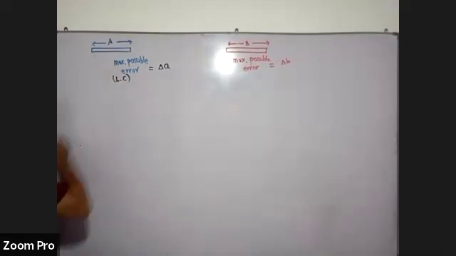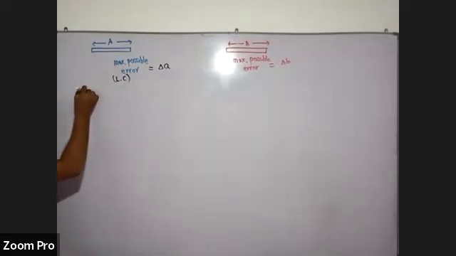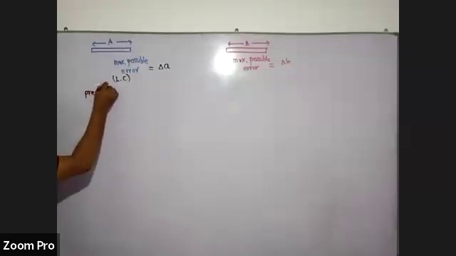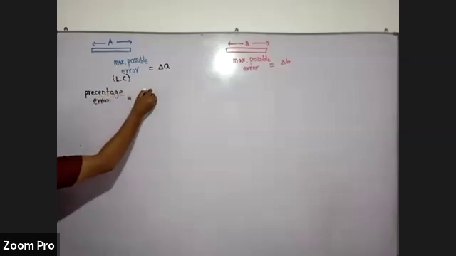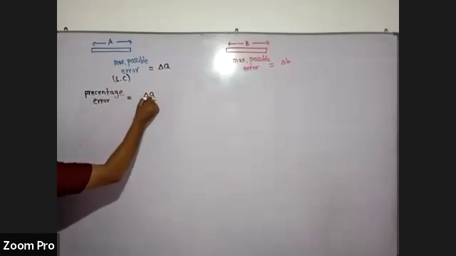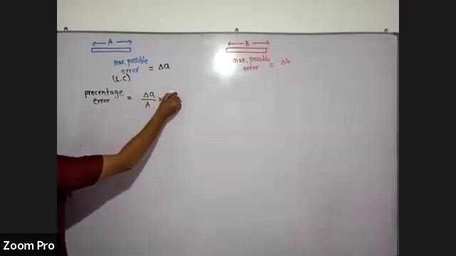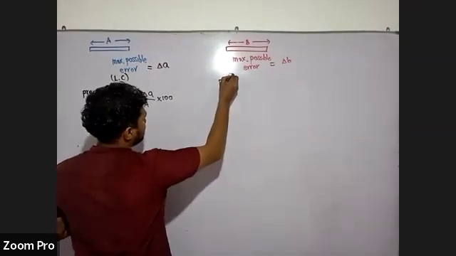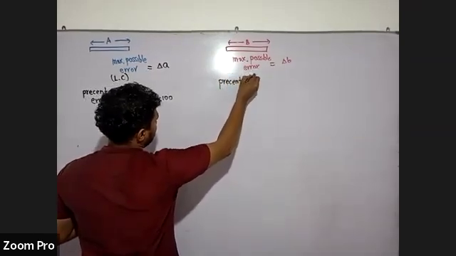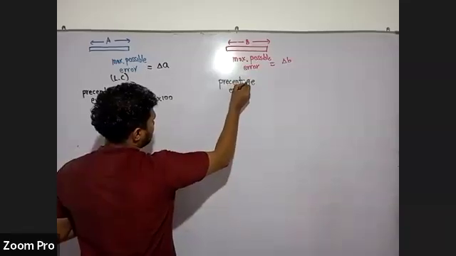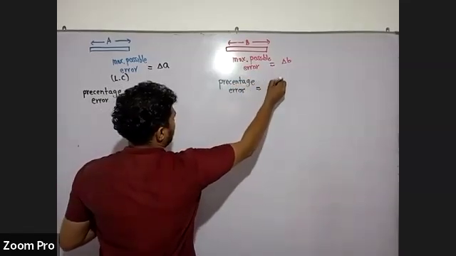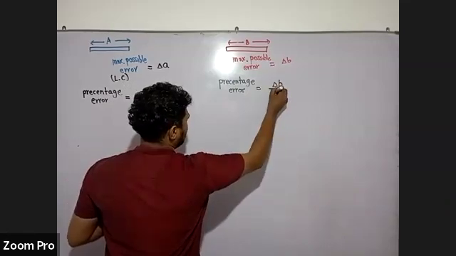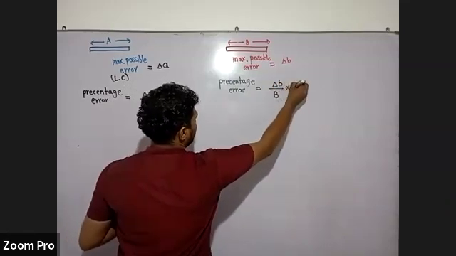Now, we can express the percentage error of this measurement as delta A over A into 100. And the percentage error of the other can be expressed as delta B over measured value B into 100.